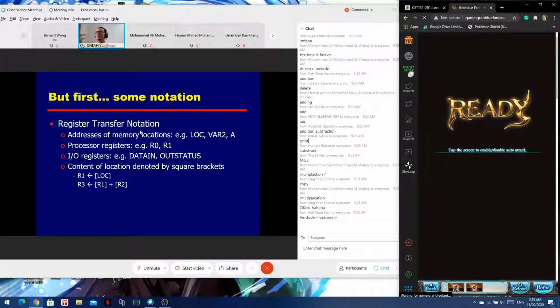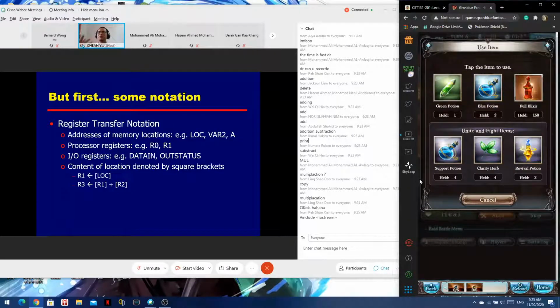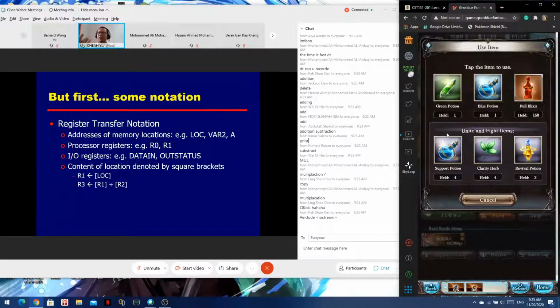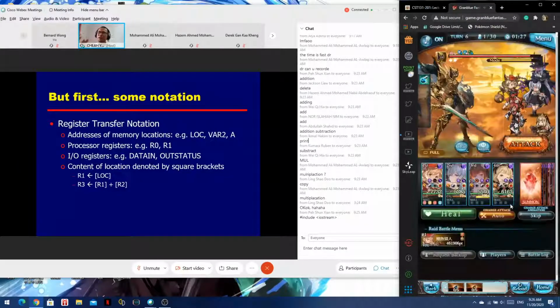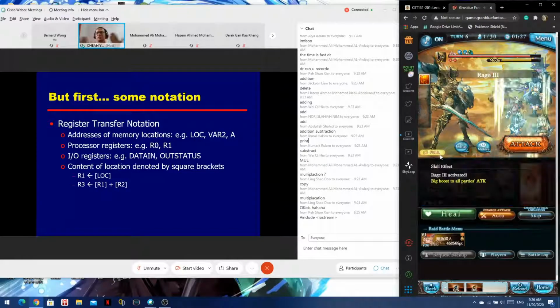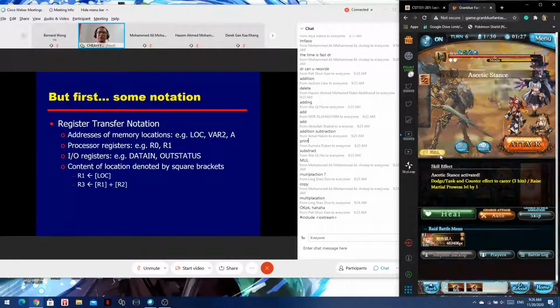Imagine when you write C programming and declare variables, you're telling the processor to reserve a memory location for this variable, and indirectly it's actually an address you're referring to. So variables are analogous to addresses.